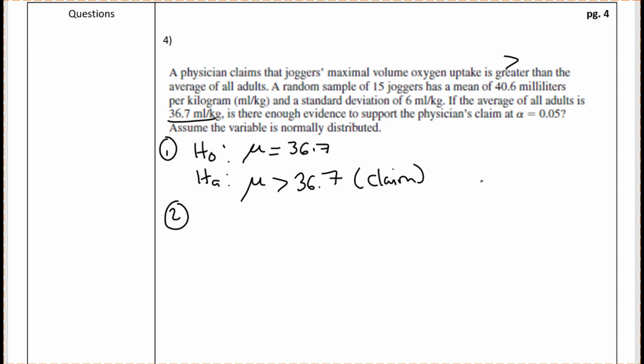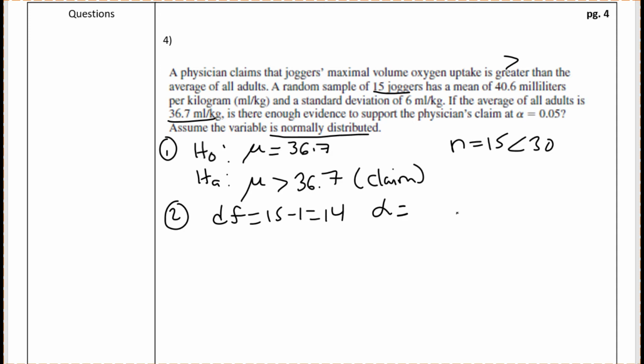We want to find the critical value. Since we're looking at 15 joggers, n is 15, which is less than 30. We're assuming that it's normally distributed, so we can use a t-test. So we need to find our df, which is 15 take away 1, at an alpha of 0.05. And we're looking at a right-tailed test, since it's greater than, pointing to the right.